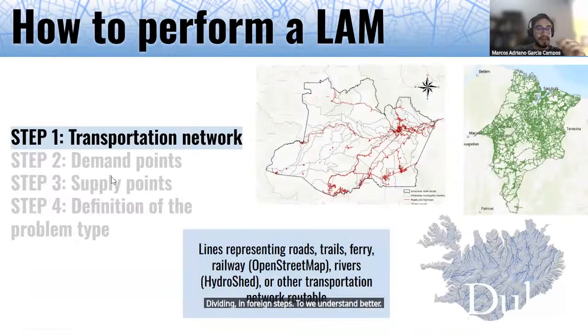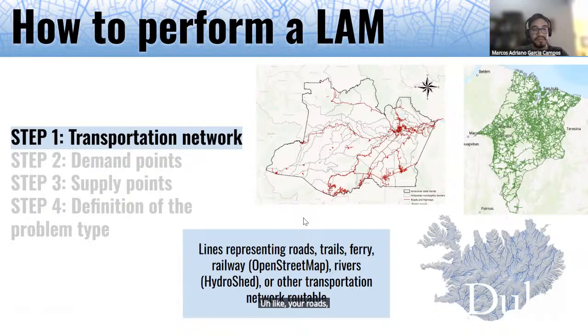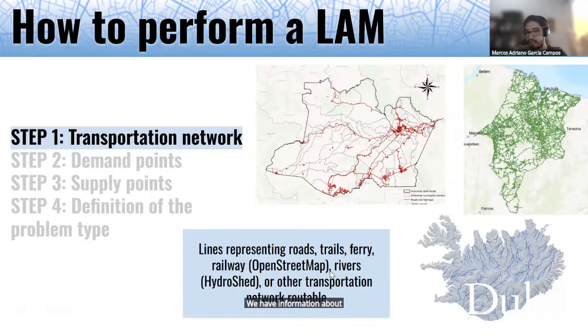So the first step is to upload the transportation network. The transportation network is usually represented by lines like roads, trails, ferry boats, railways, and we have some public data sets where we can find that information. One classic example is OpenStreetMap. We have information about roads everywhere in the world.